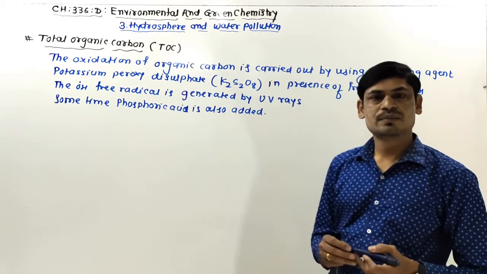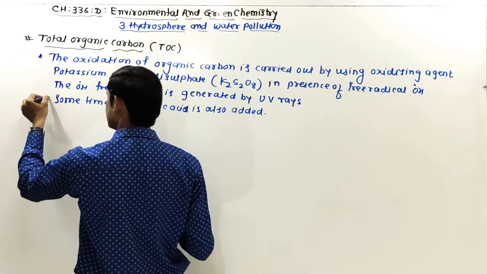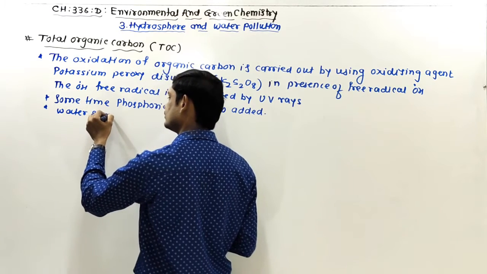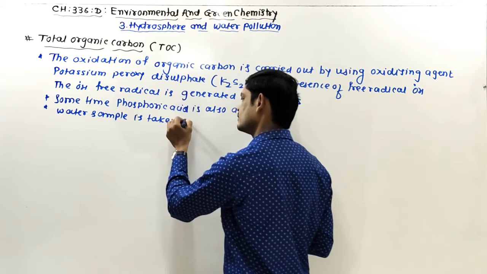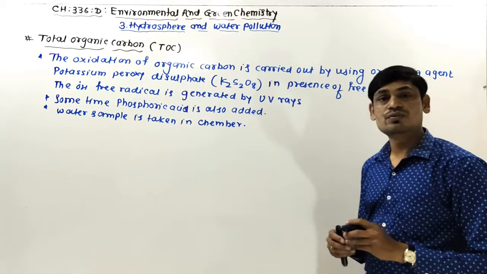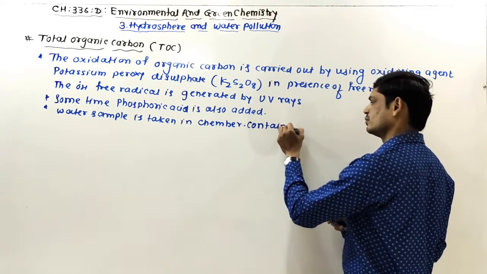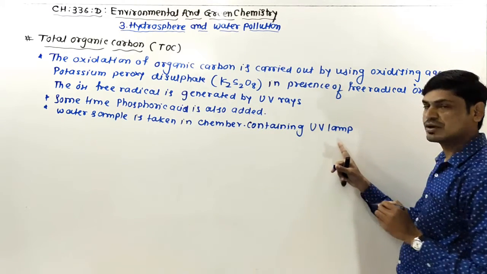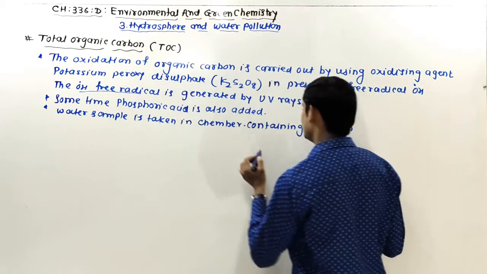The water sample is taken in a chamber containing a UV lamp. For what purpose? To generate the free radicals.